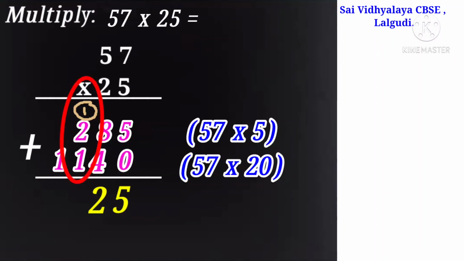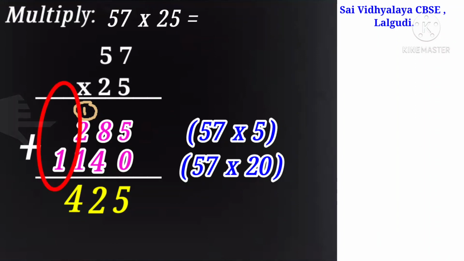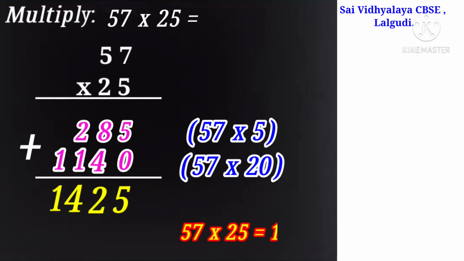Now 1 plus 2 is 3. 3 plus 1 is 4. Write 4 in the hundreds place. 1. Consider the empty space as 0. 1 plus 0 is 1. Write 1. Therefore, 57 into 25 is equal to 1425.